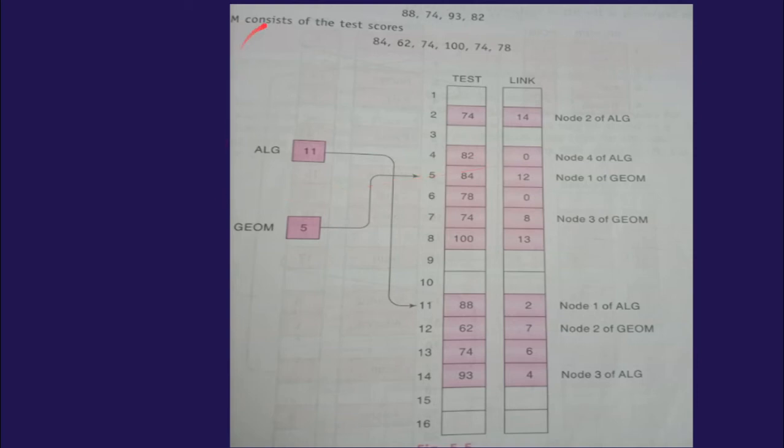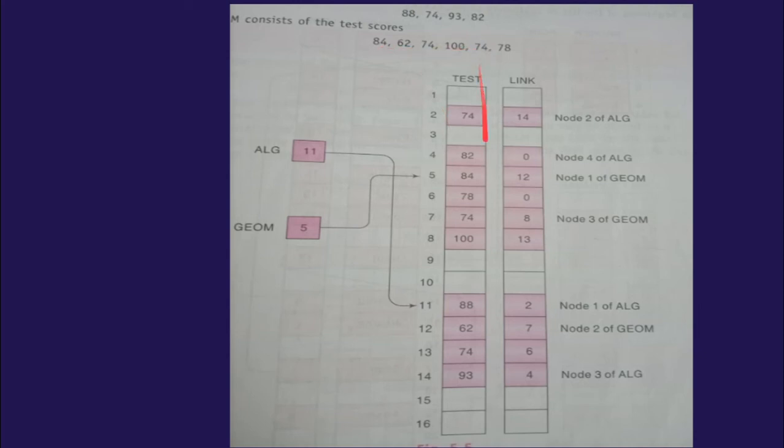Now we have to go to the next one, which is GEOM, that is the test score. This geometry test score contains 88. So 1, 2, 3, 4, 5, 6. So how to follow the pointers? The first location starts from 5, then go to 5. First is 84, then this shows the address 12. So come to 12, 62, that is the next value. Then the address is 7, go to the 7th position, the next value is 74. You can see the list over here.